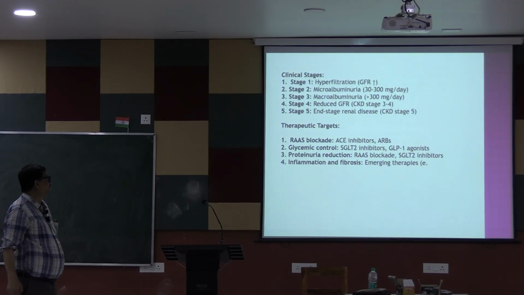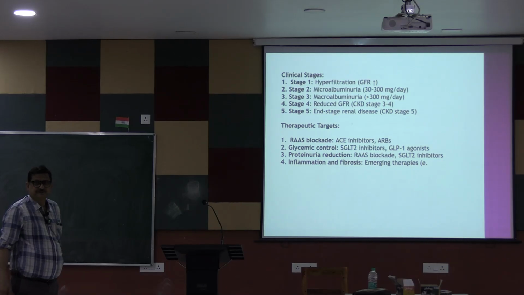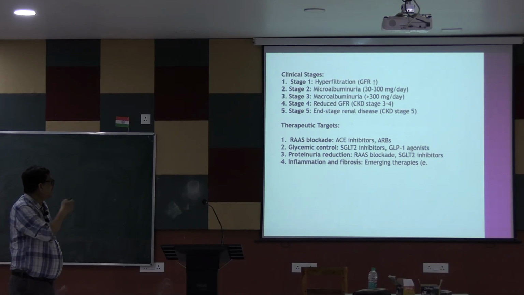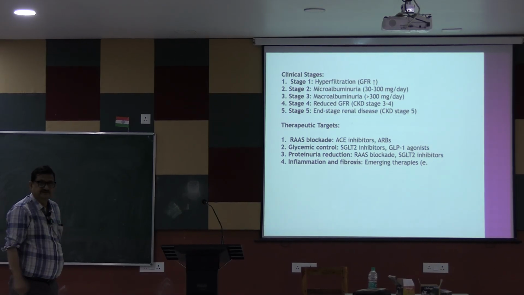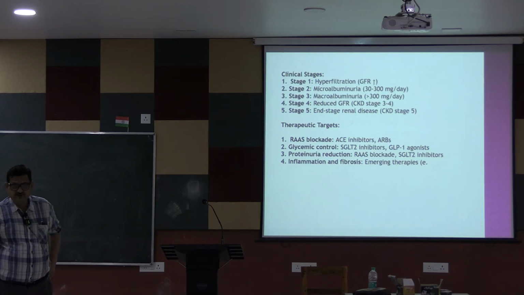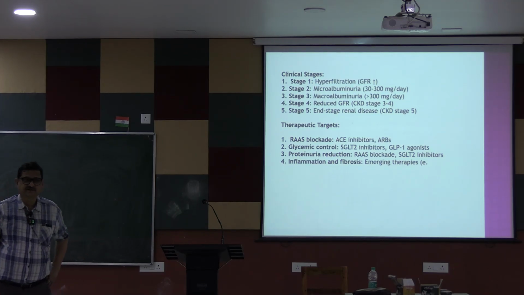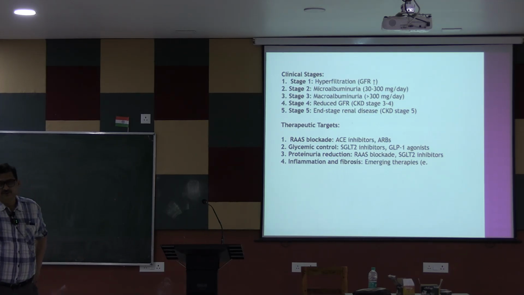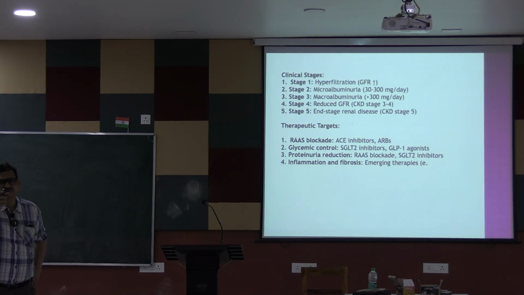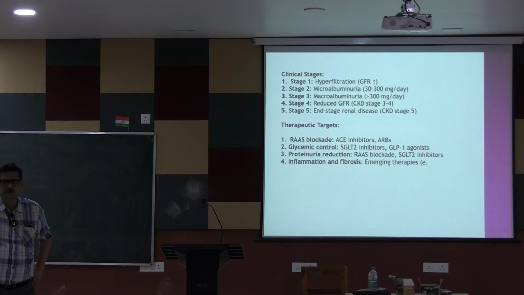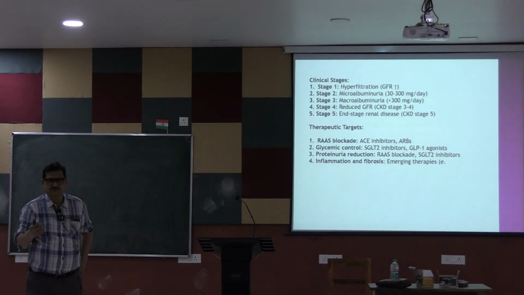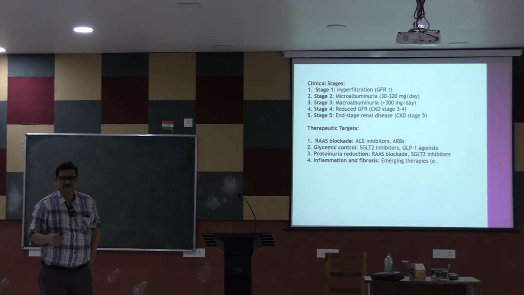Stages of nephropathy. First is hyperfiltration. There will be an increase of glomerular filtration rate. We usually measure it by eGFR, estimated glomerular filtration rate. It is a calculation. Now it is in vogue; everyone is advising it. Previously this report was not easily available.